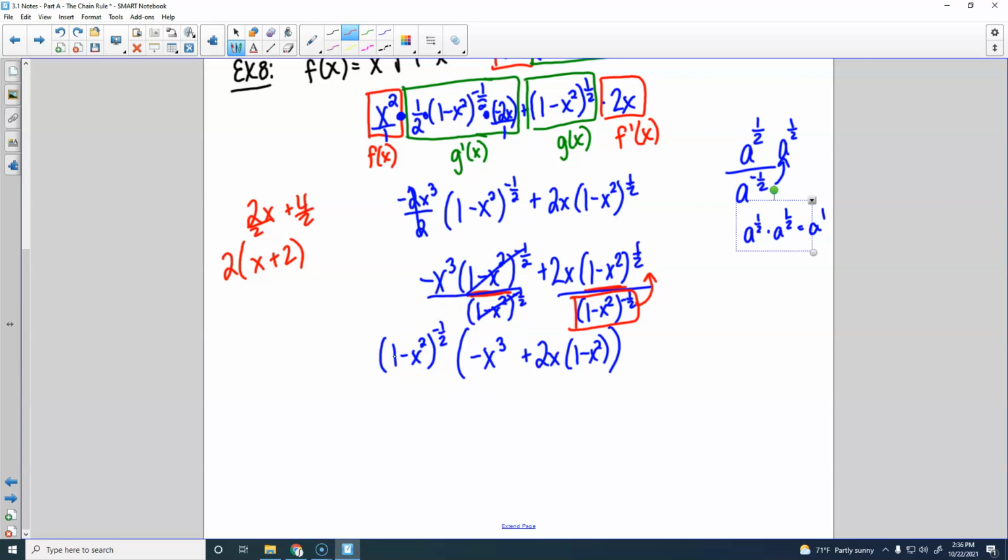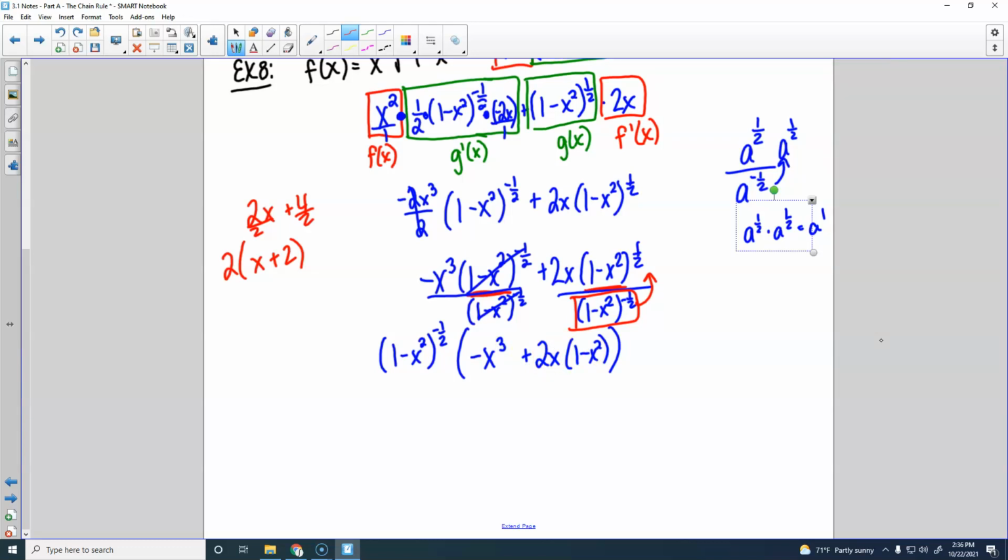Correct. And the 2x doesn't change because it's part of the same line. Right. It's like this negative x to the third that just stayed there, right? It just stays there.